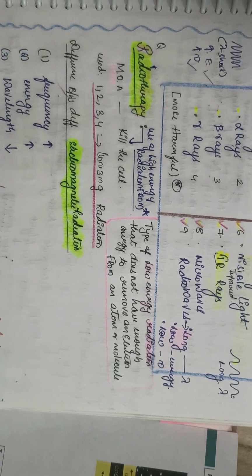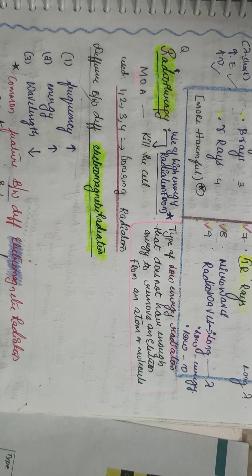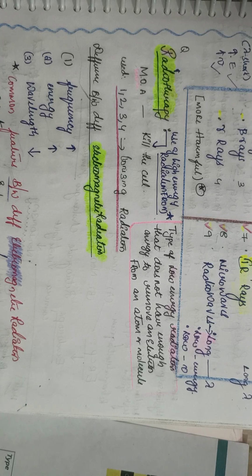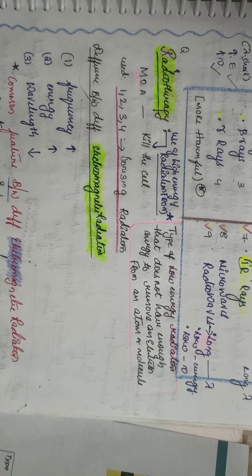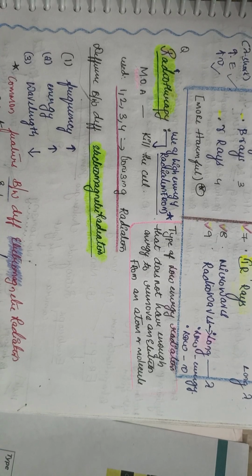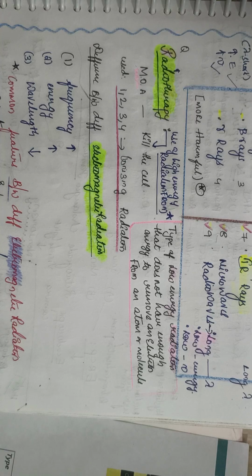Let us look into the next important aspect, which is the difference between electromagnetic radiations. You need to understand that in the whole of the electromagnetic spectrum which I have shown you, you have something common and some things that are different.